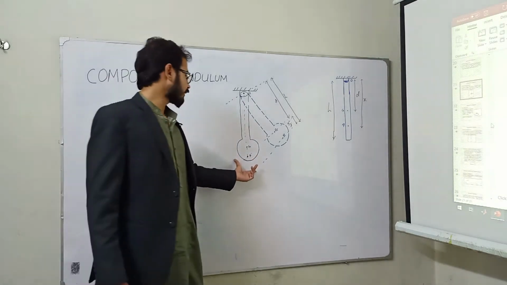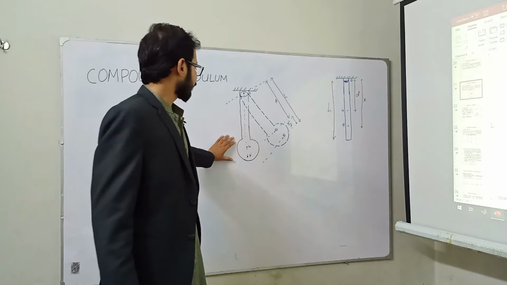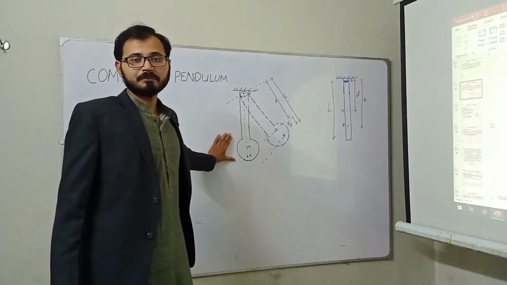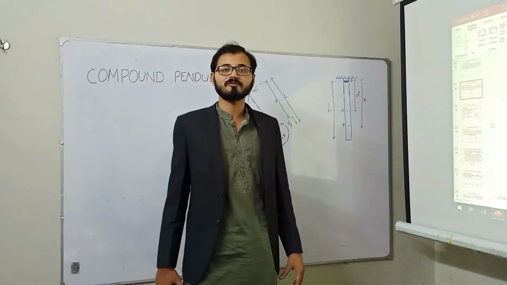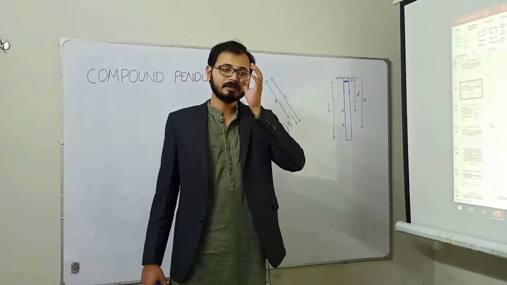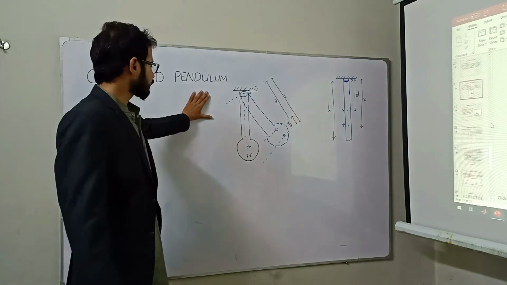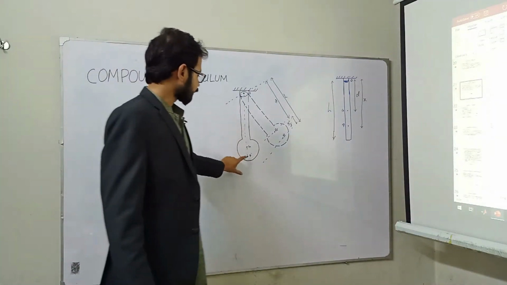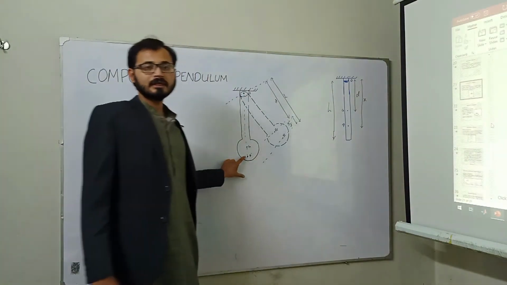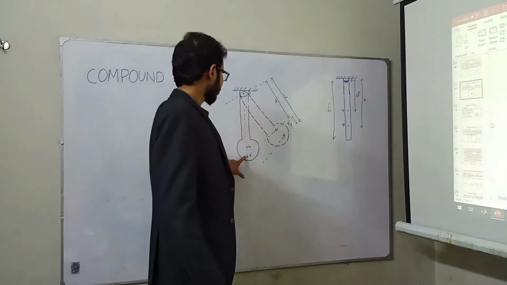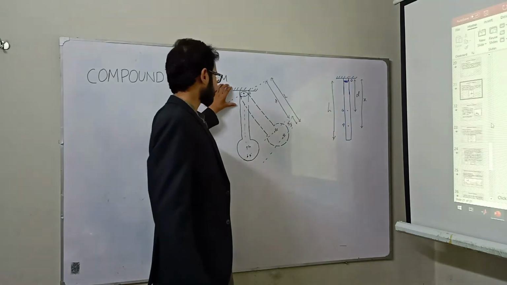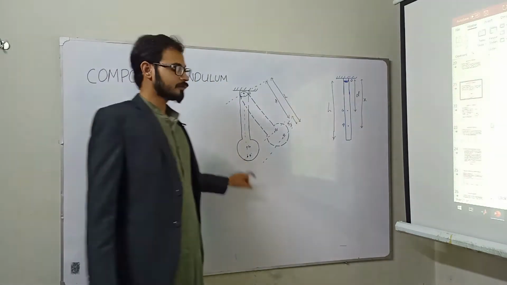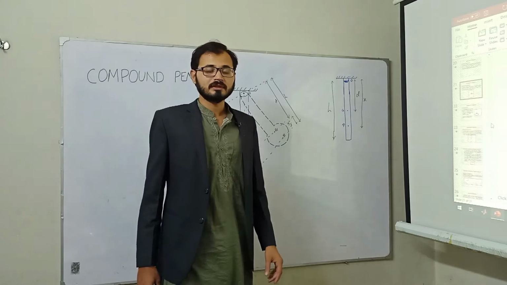The center of percussion almost lies at 2/3 of the length of the body from the pivot point. This is the point where there will be no effect on the point of suspension, and it is called the center of percussion.